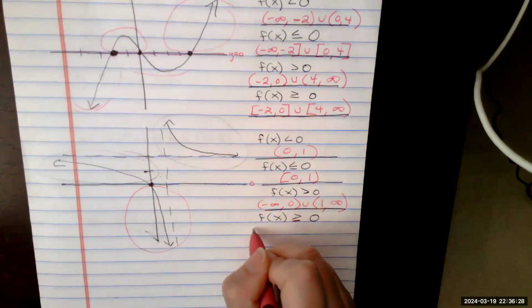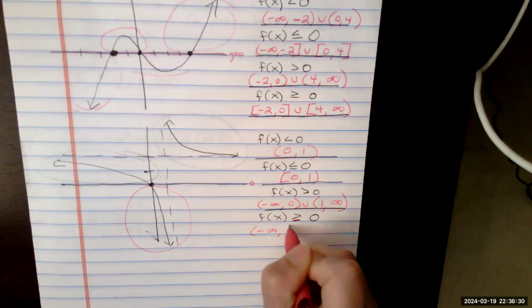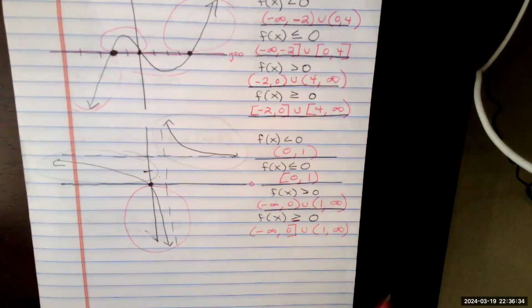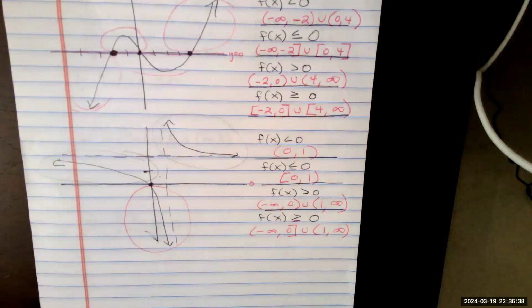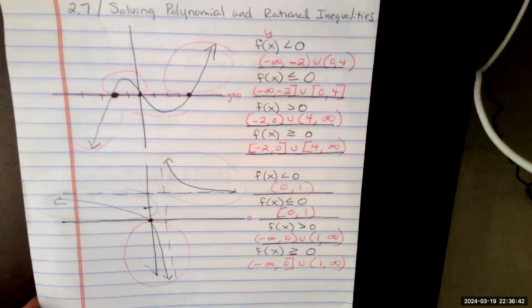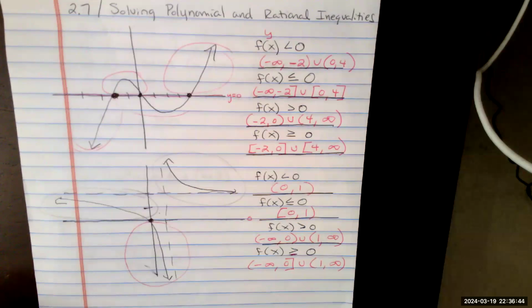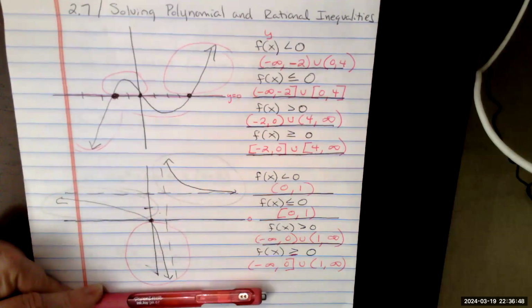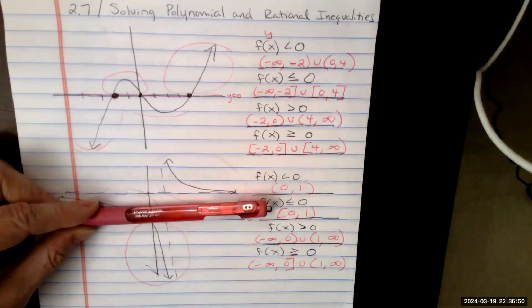Including the 0 makes me change this to a bracket, but not the 1, because it doesn't equal 0 there. That's an asymptote. So just be careful with your parentheses and your brackets. But overall, make sure you're thinking less than 0 means under the x-axis, greater than above.